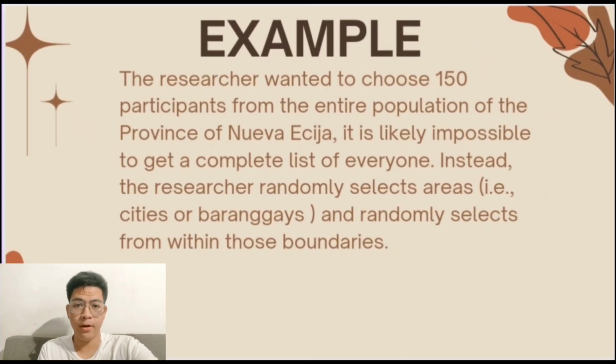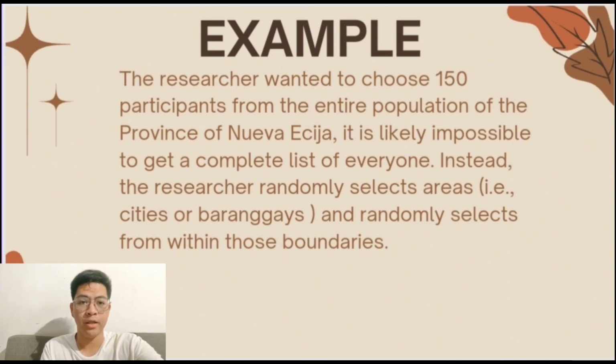So for example, the researcher wanted to choose 150 participants from the entire population of the province of Nueva Ecija. It is likely impossible to get a complete list of everyone. Instead, the researcher randomly selects areas. Example is cities or barangays.